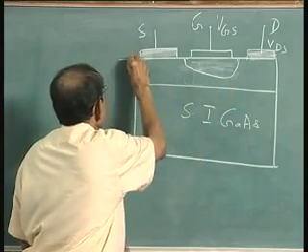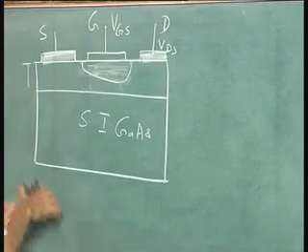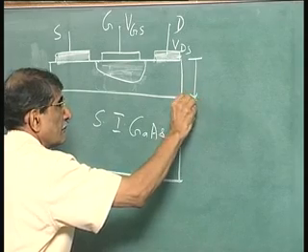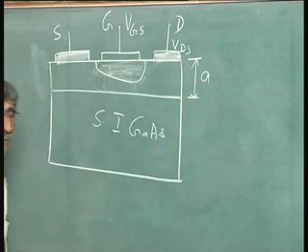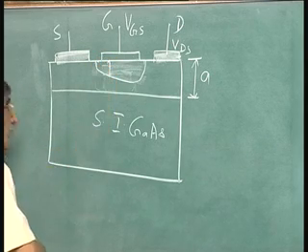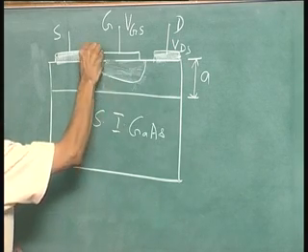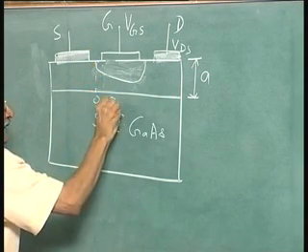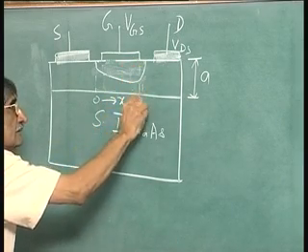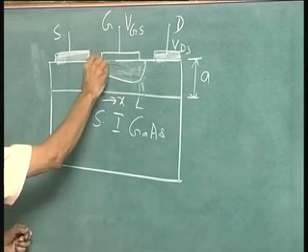And if this is A, and if this is H at any x, please note we are talking of 0 here and x, and it is L at the drain end. 0 is at this end.